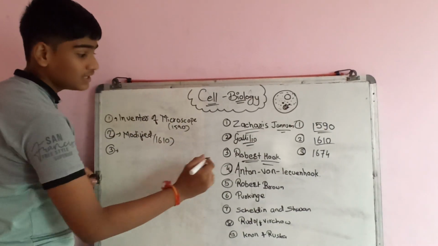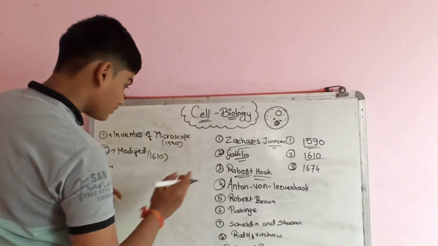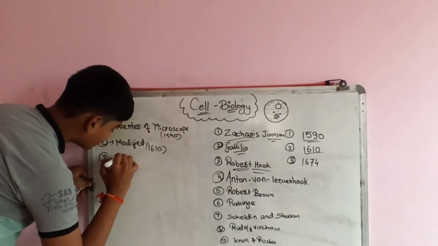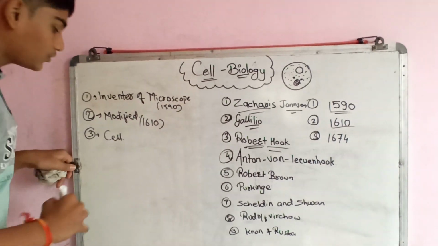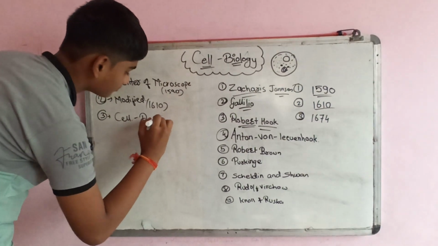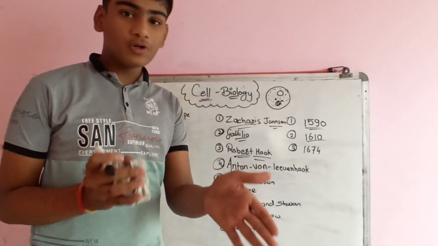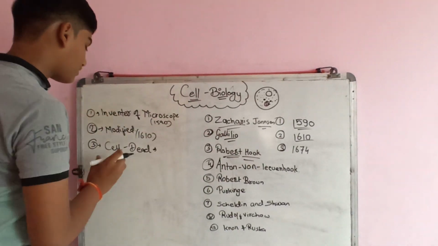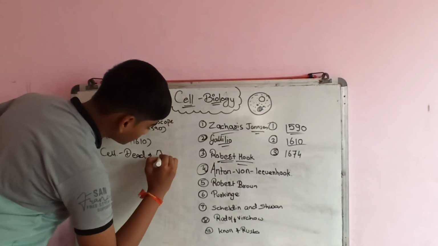And he was the first person to see a cell. So Robert Hooke saw a cell, but it was dead. First he named this a cellula, and then he termed it a cell. That cell was in hexagonal shape, like this.